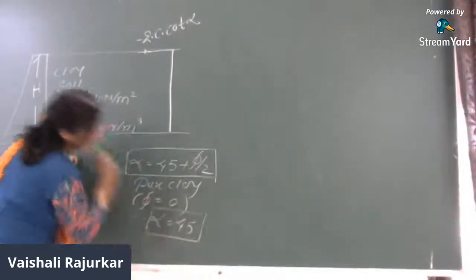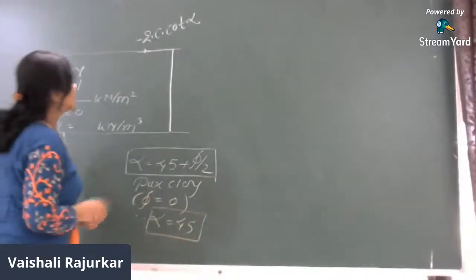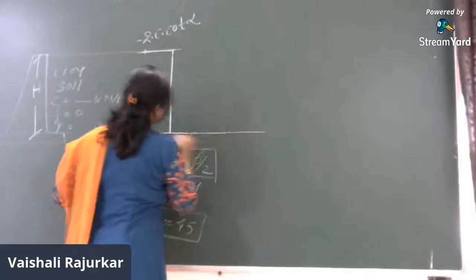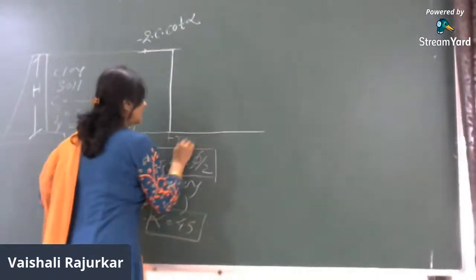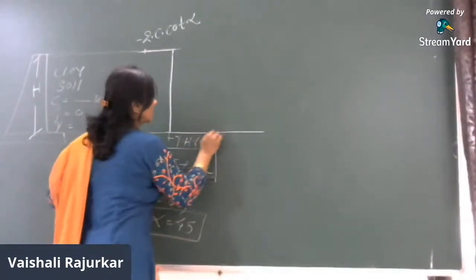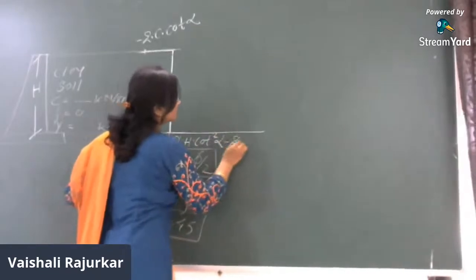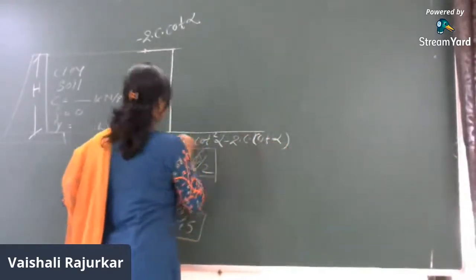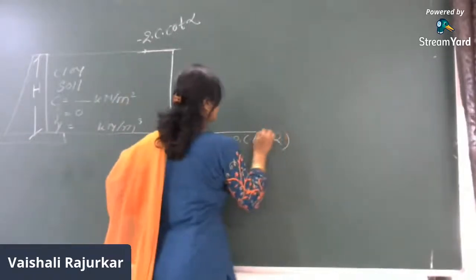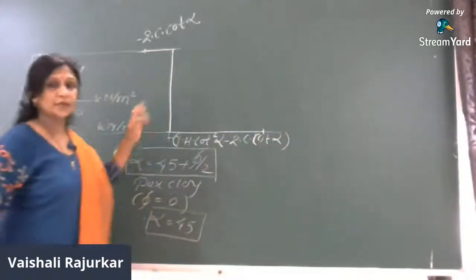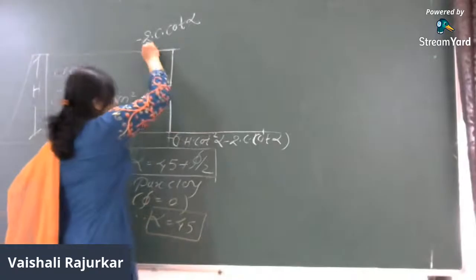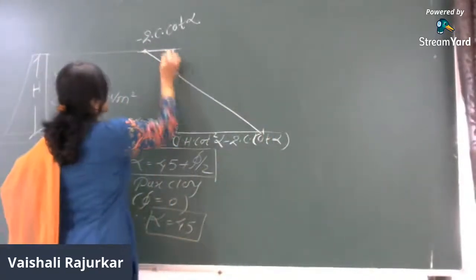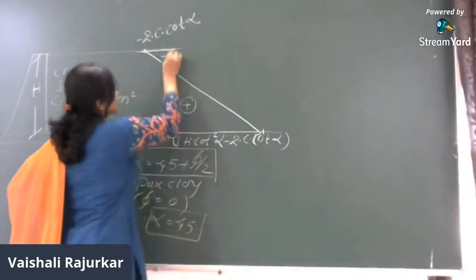So in this case, this is minus 2c cot alpha, and over here it will be gamma into H cot square alpha minus 2c cot alpha. So this is the bottom value. Now, as we know, the distribution diagram is a positive-negative distribution diagram. Here there is a negative pressure, here there is a positive pressure, right?